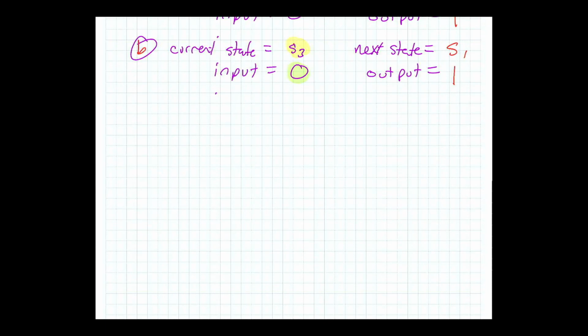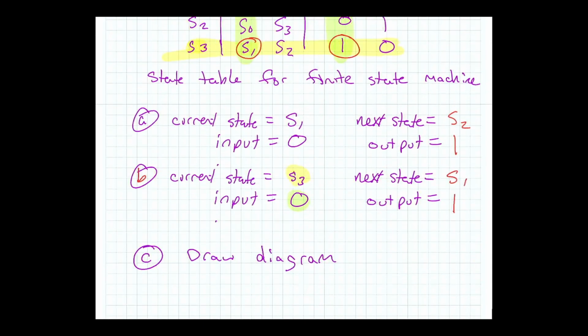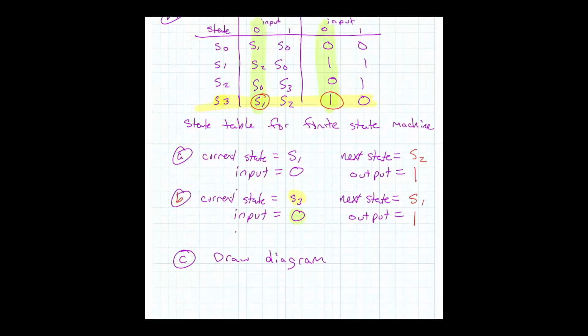So let's go. Now, the next thing is we have to draw the state diagram. The diagram represents the same exact information, but in a drawing instead of a table.